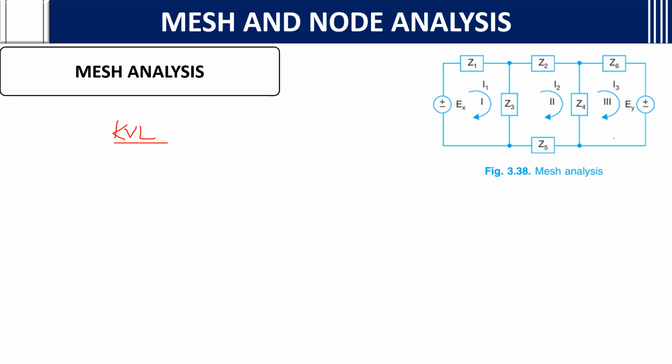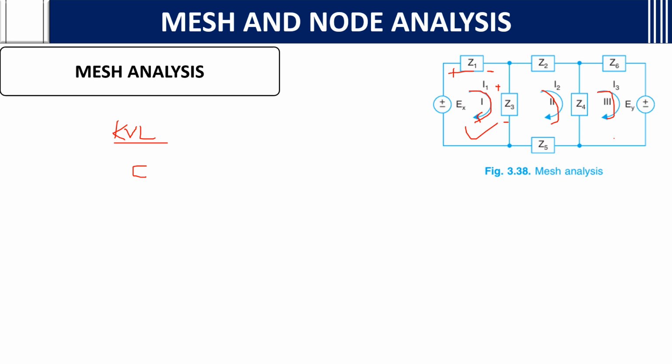If you apply KVL to mesh 1, take the clockwise direction. Consider this as plus and this as minus, this as plus and this as minus, in this way only, while applying KVL.